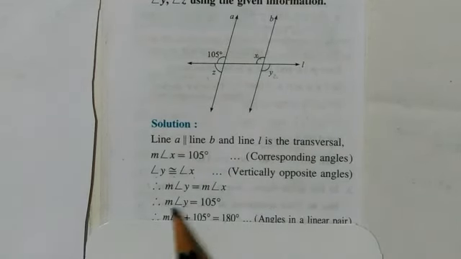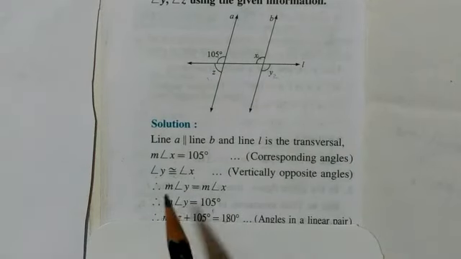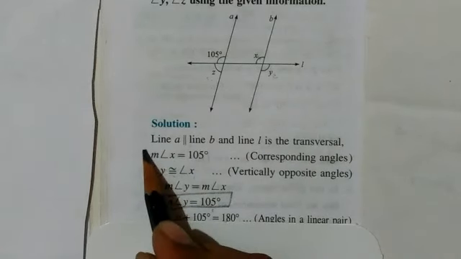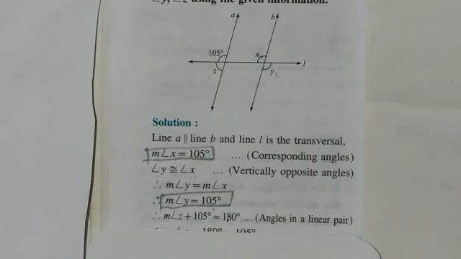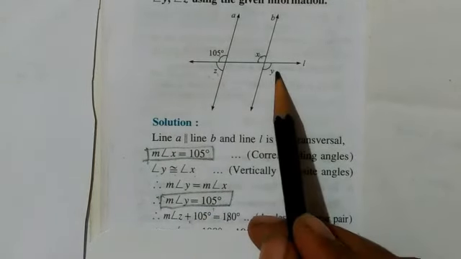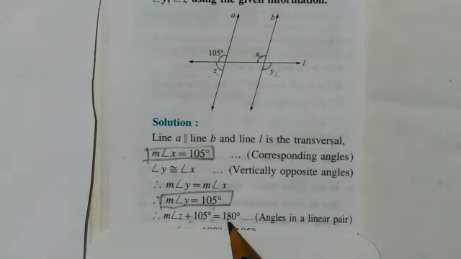Therefore measurement angle Y is equal to 105 degrees. So here we get the Y, and already we know the X. Now see about the Z. Measurement angle Z plus this Y, which is 105 degrees, is equal to 180 degrees, angles in a linear pair.